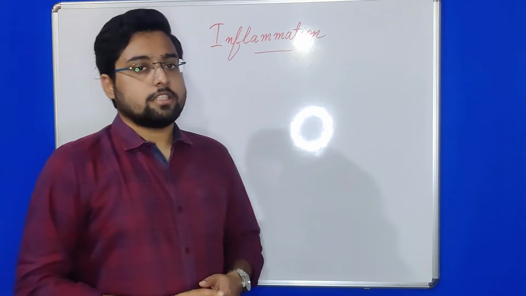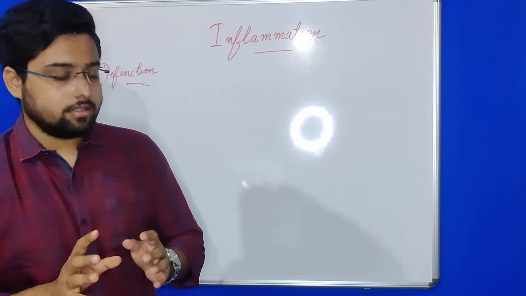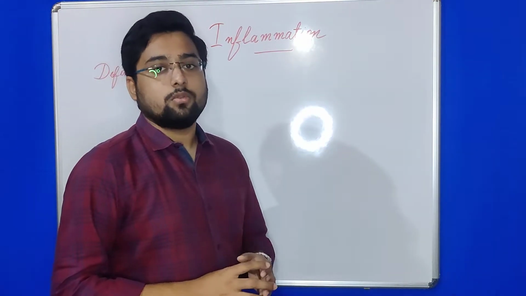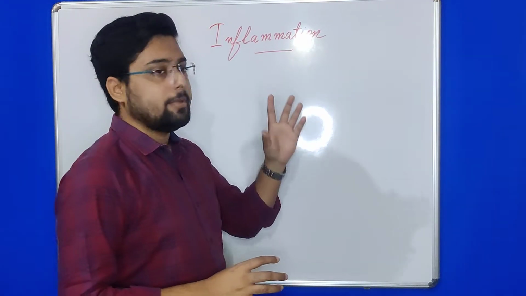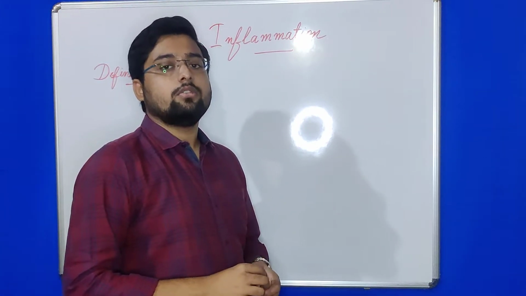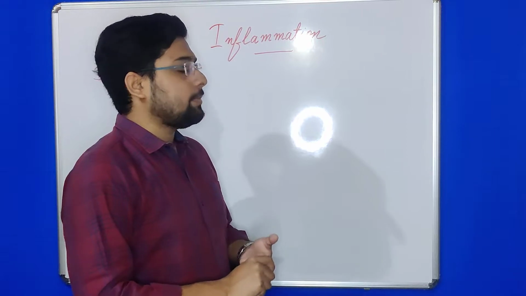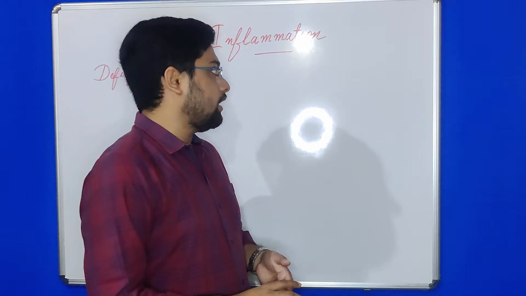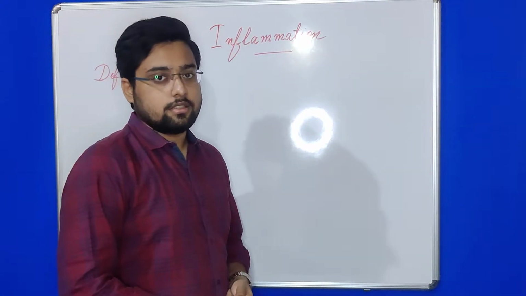So, the body's response to any injury to any living cell is inflammation. Now, why? To limit that injury, to limit the factor causing injury, and to remove that injury. Another purpose of inflammation is also to help in healing. Now, how does inflammation occur?